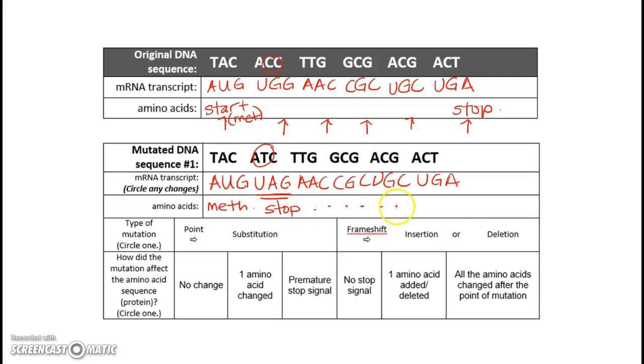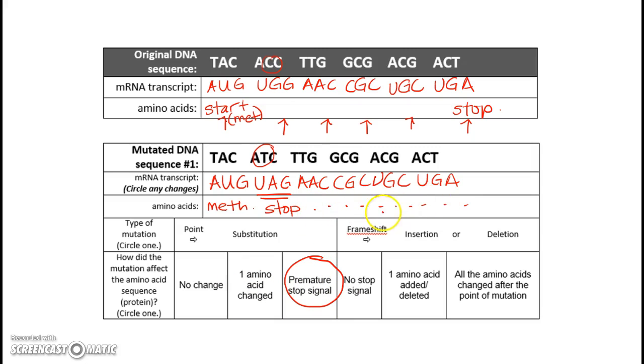So we wouldn't actually ever even translate any of the other ones. So this is a substitution. So we've substituted one letter for another. And so it's not just a one amino acid change, it's a premature stop signal.